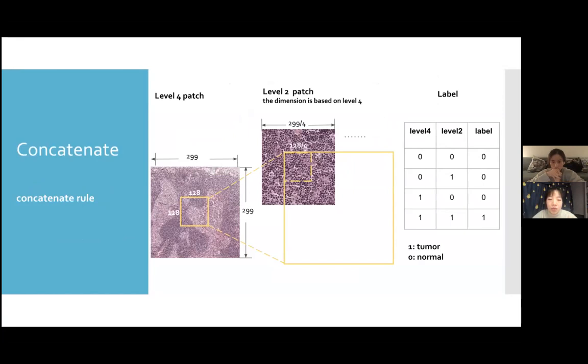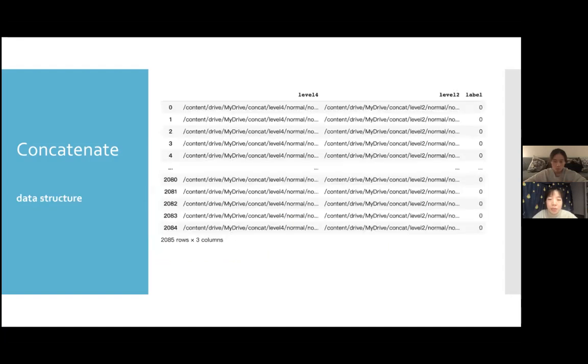For each level 4 and level 2 pair, we only label the pair 1 when both patches are tumor. This data frame shows how we index the level 4 patches and level 2 patches and the corresponding label.